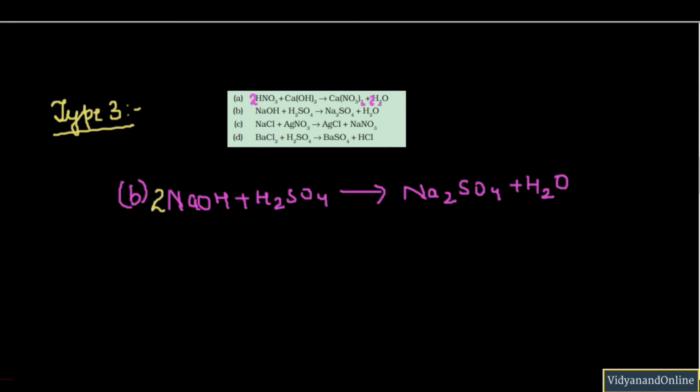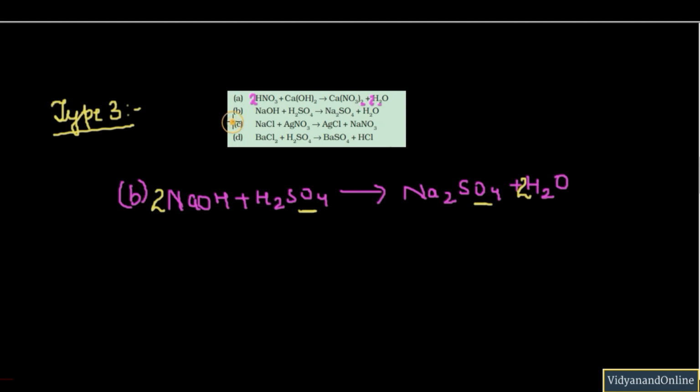In that way, I have disturbed oxygen and hydrogen. Hydrogen comes out to be 2 and 2, 4, whereas here the hydrogen is only 2. So if I put 2 here, I will be able to balance the hydrogen. Oxygen is 2 here, oxygen is 2 here, and SO4 is 1 time, SO4 is 1 time. So in this way I will be able to balance the second equation.